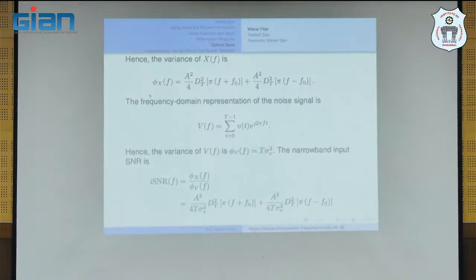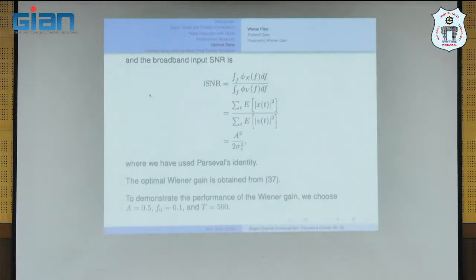So this is the input SNR, and we can use the input SNR to compute the Wiener gain. What we see is that this Dirichlet kernel goes to 0 very quickly around the pulse. So this is the broadband input SNR if we want to compute it.